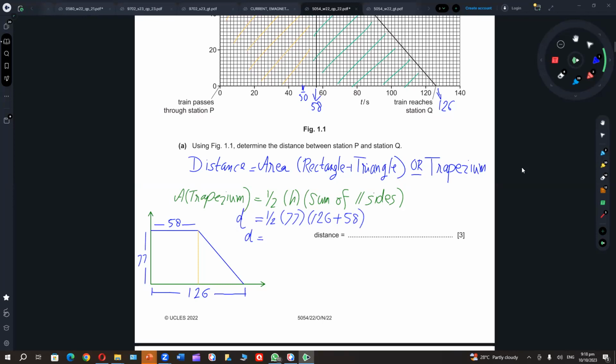So now you have to copy this. Get the calculation quickly.